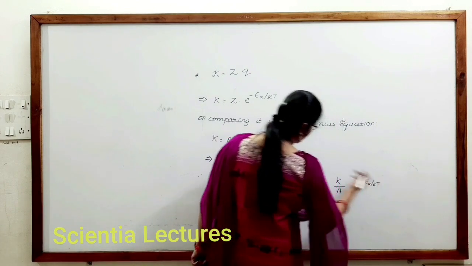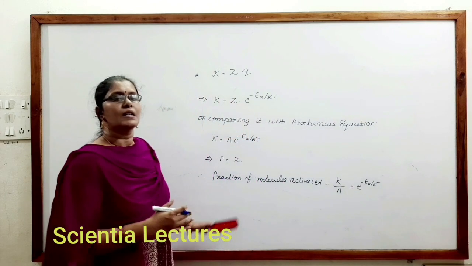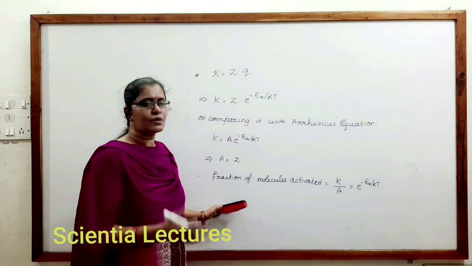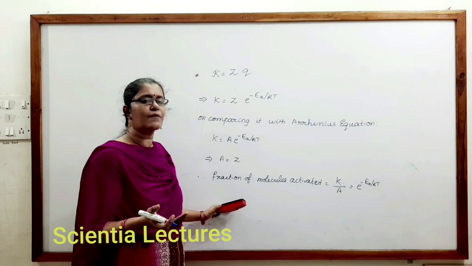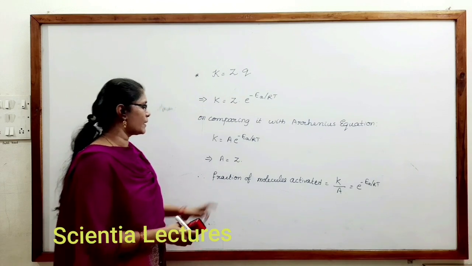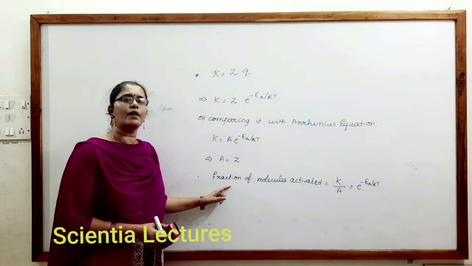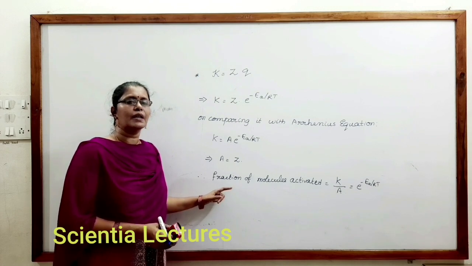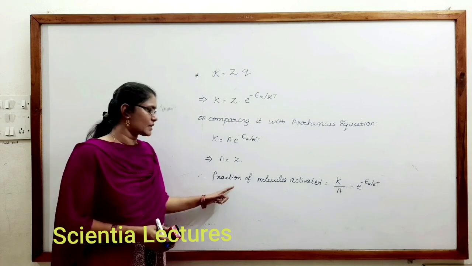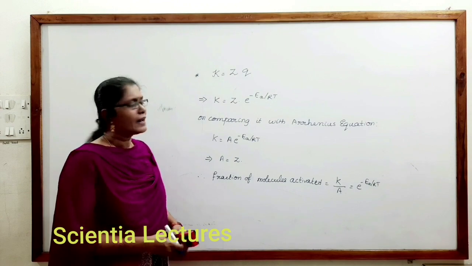So this is the fraction of successful collisions also, because only successful collisions will get converted into products. So remember this, which is an important point for competitive exams. K by A calculations will be asked, which is the fraction of molecules that are activated.